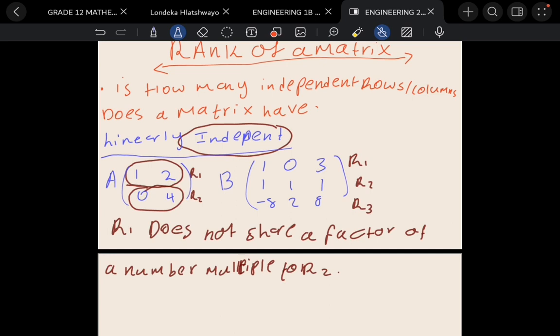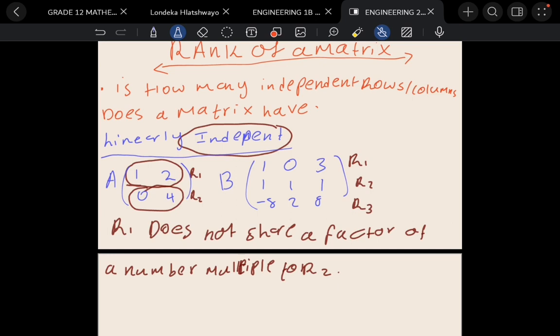There is nothing that you get from row 1 that you will also get in row 2. There is no factor by which you multiply the first row to get row 2.